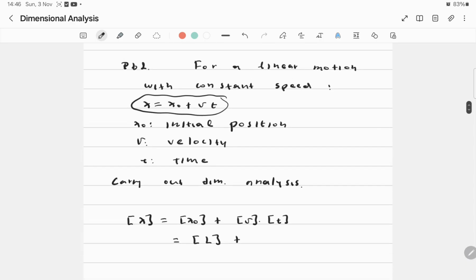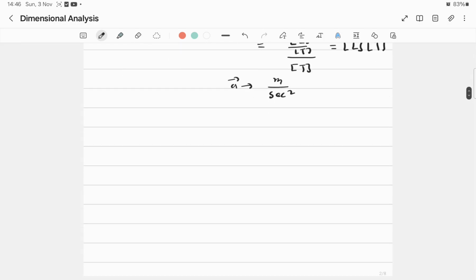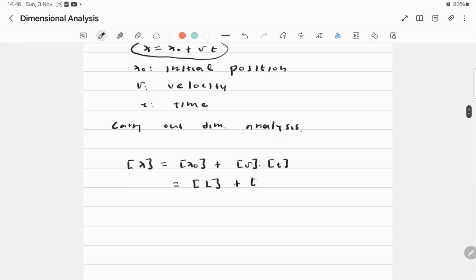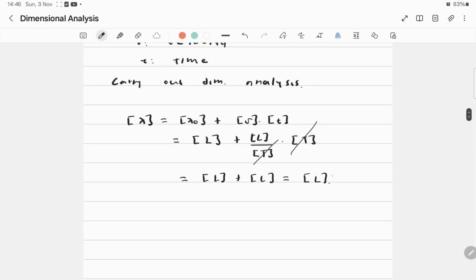the dimensions of the speed, which are L over capital T, times capital T. So here we can treat this as normal numbers. We can simplify, and we have length, and here we have length. So the final result will be length, in meters for example.